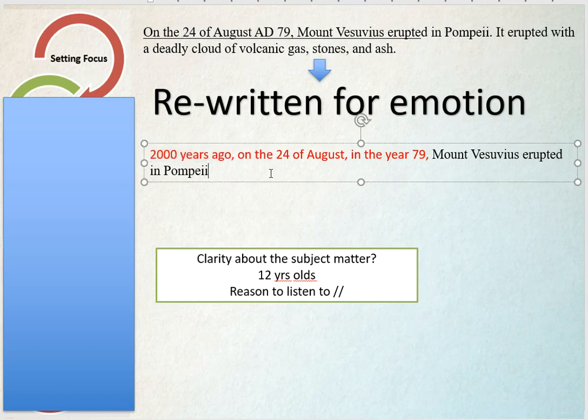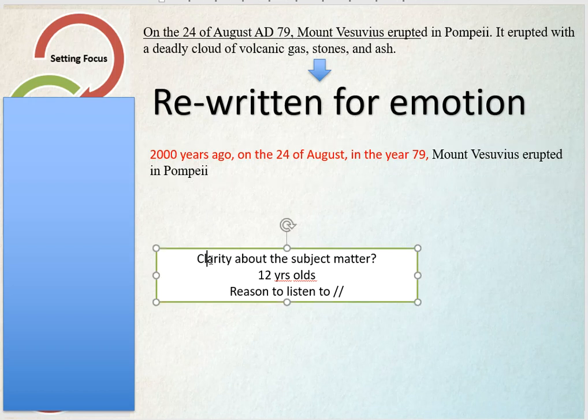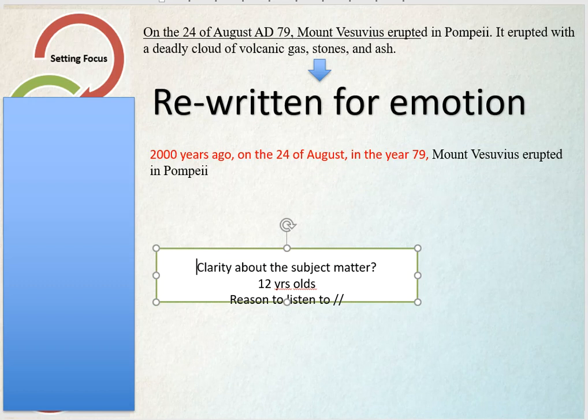What does it make little 12-year-olds feel? Like, oh my God, she's talking about something that happened a really long time ago. Oh my goodness, what could it have been? So there's some curiosity already there. We have not so much clarity about the subject matter because they're only 12.